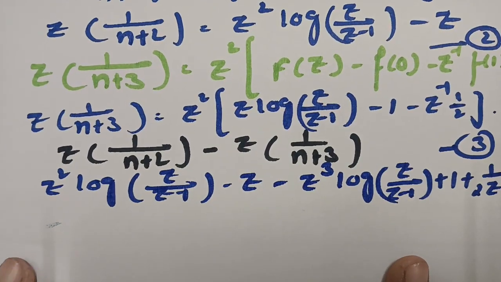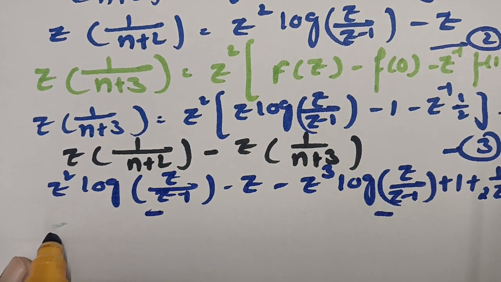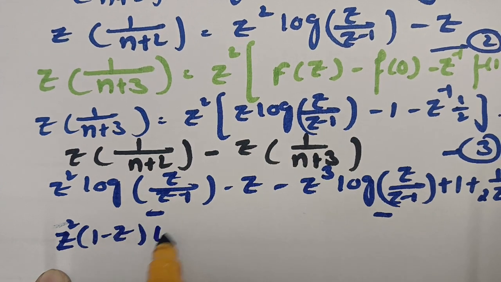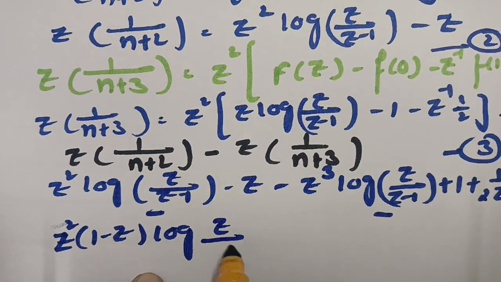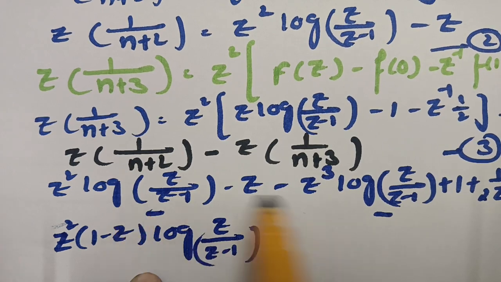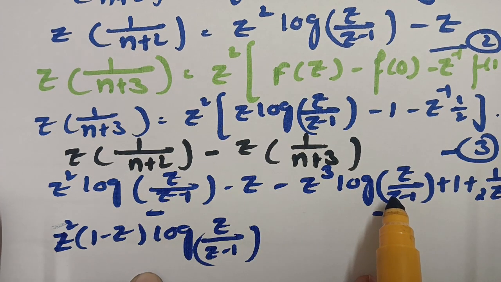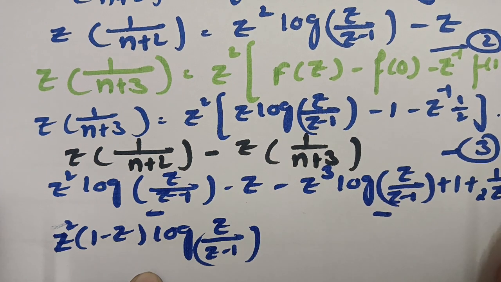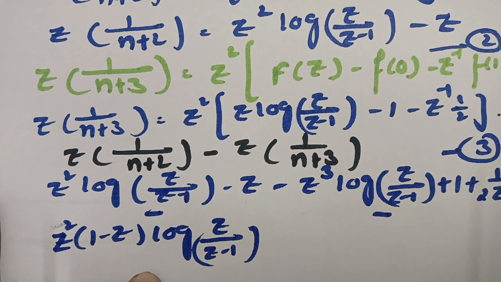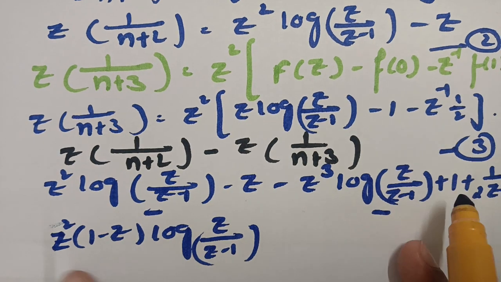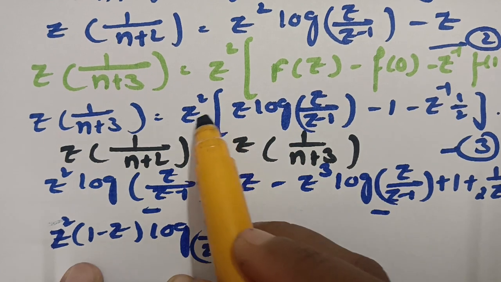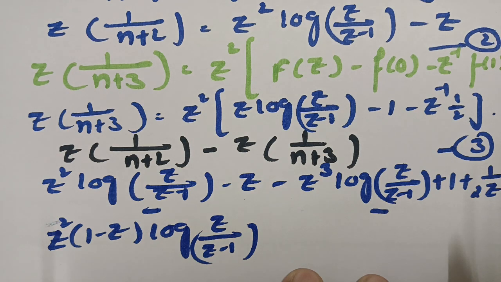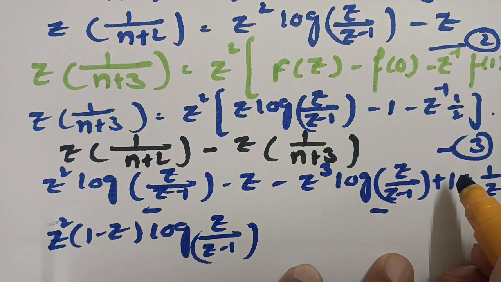If I take z square common, this will be 1 minus z into log of z by z minus 1, and the next one is minus z, and this is 1 by 2z. If I multiply here, this will be z cube and minus z square.